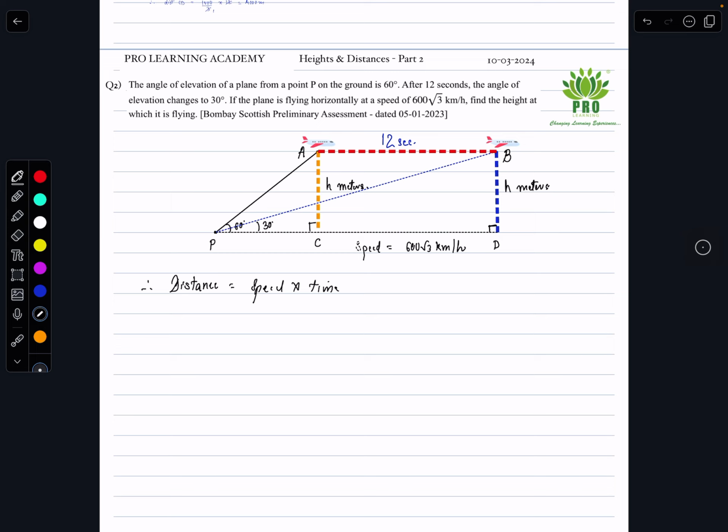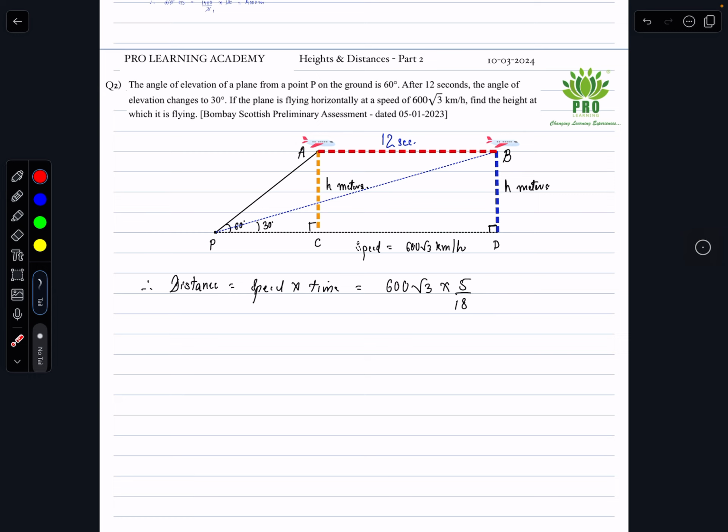Here we have kilometers per hour that can be changed to meters per second. So 600 root 3 kilometer per hour we change into meters per second. We multiply with 5 over 18, because distance in kilometers can be changed to meters by multiplying with 1000, and time in hours can be changed to seconds by multiplying with 3600.